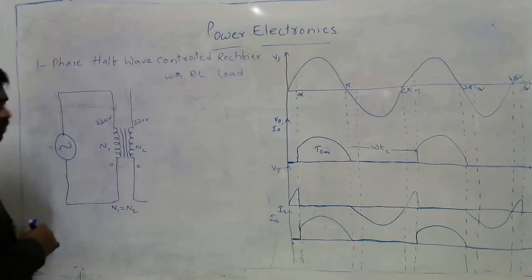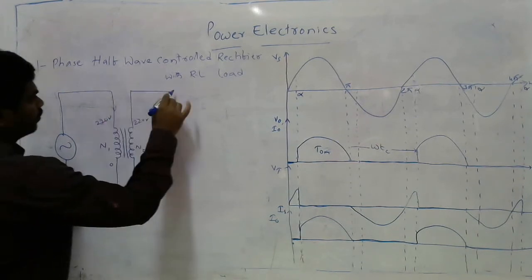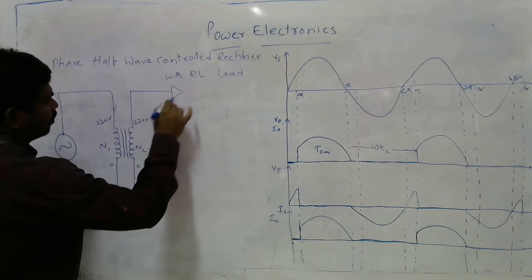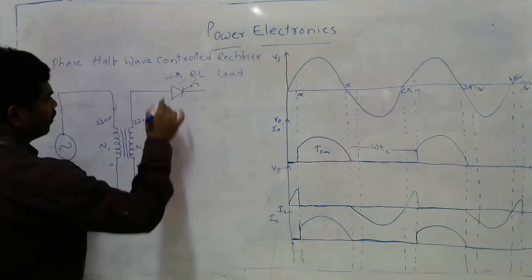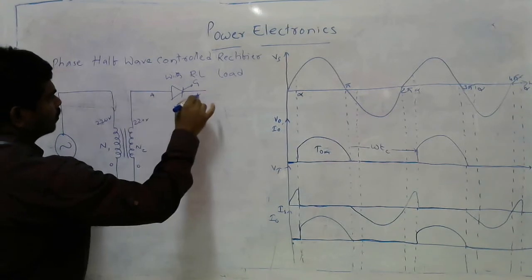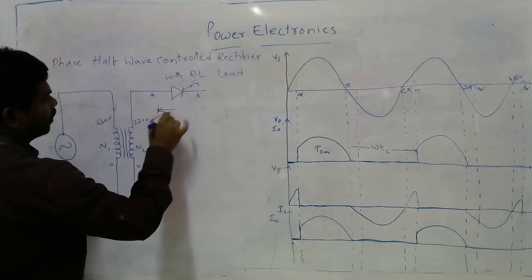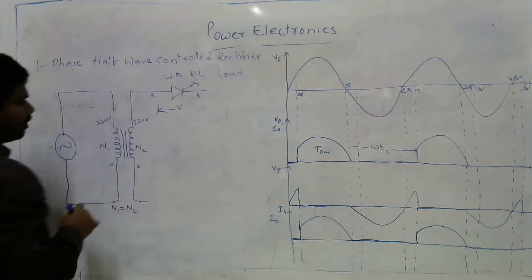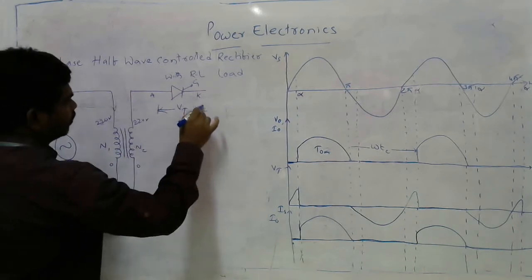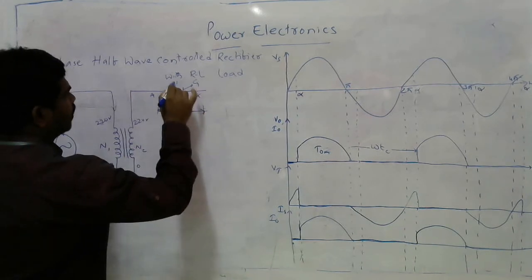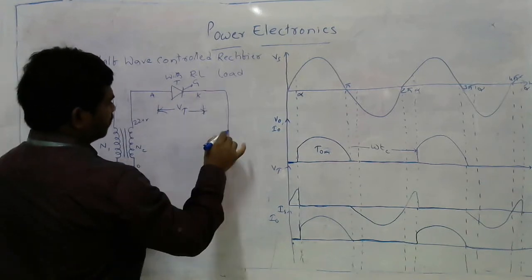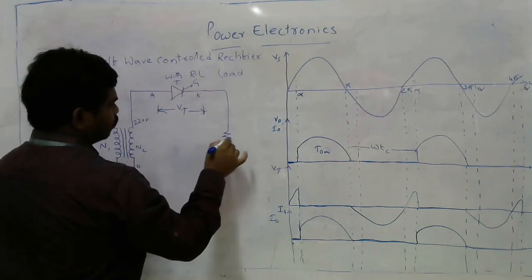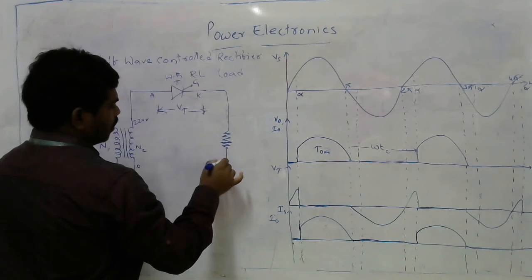On the other side we are connecting one thyristor, or SCR, with the gate terminal. This is anode, this is cathode, and the voltage drop across the device is VT. I am calling the thyristor T. Then I am connecting the output of this thyristor to one RL load.